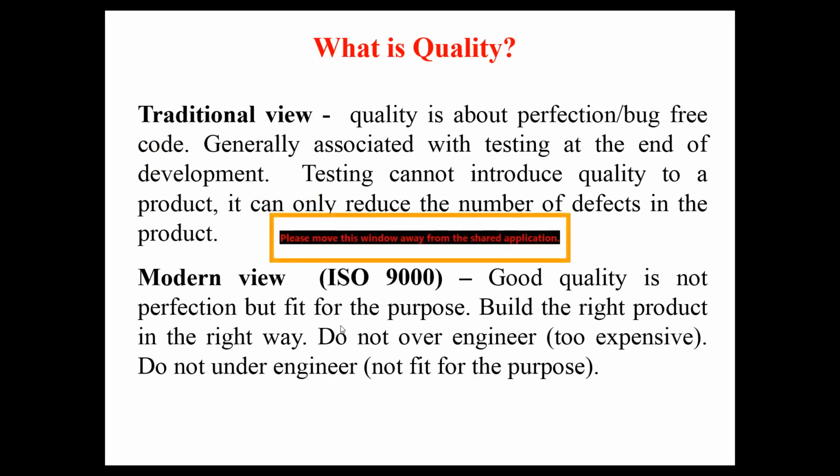So it is building the right product in the right way. We are not going to over-engineer, which is too expensive, and not under-engineer, which means not fit for the purpose. So the modern view is building the right product in the right way. That is how you can describe the modern view.